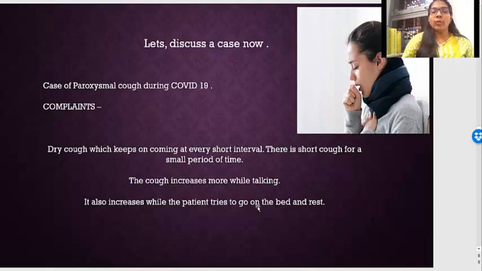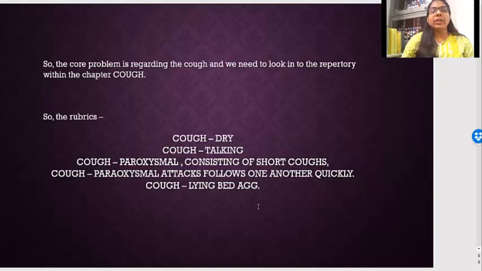Right? And along with that, we get the modalities that the cough increases more while talking, and it also increases when the patient is trying to go to bed. So when we look into the repertory, the rubrics are: cough, dry; cough, talking; cough, paroxysmal, consisting of short coughs; cough, paroxysmal, attacks following one another quickly; cough, lying, bed, aggravation.